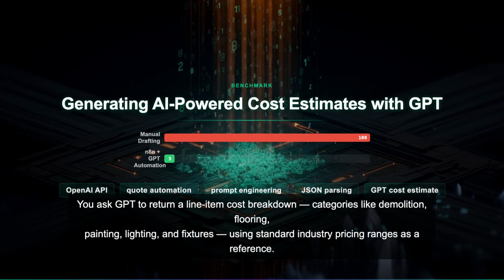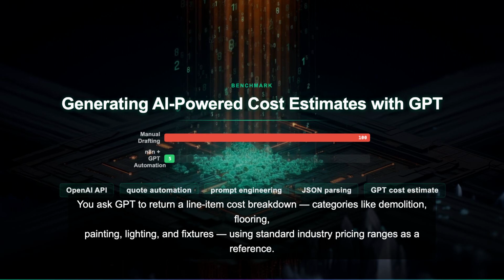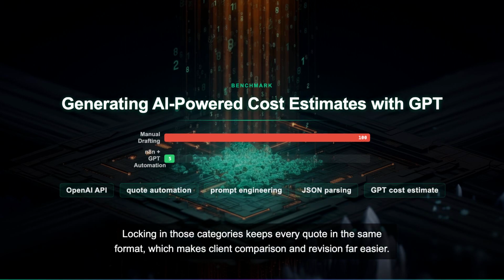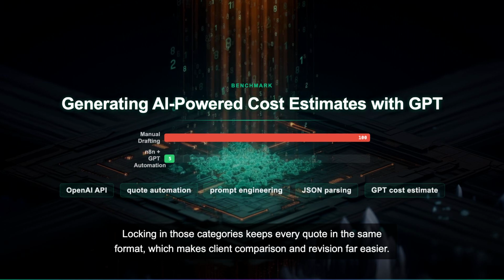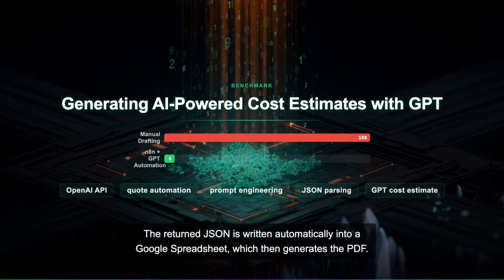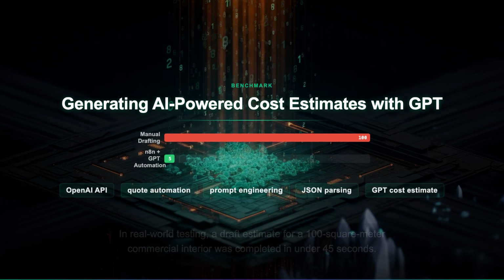You ask GPT to return a line item cost breakdown, with categories like demolition, flooring, painting, lighting, and fixtures, using standard industry pricing ranges as a reference. Locking in those categories keeps every quote in the same format, which makes client comparison and revision far easier. The returned JSON is written automatically into a Google spreadsheet, which then generates the PDF.